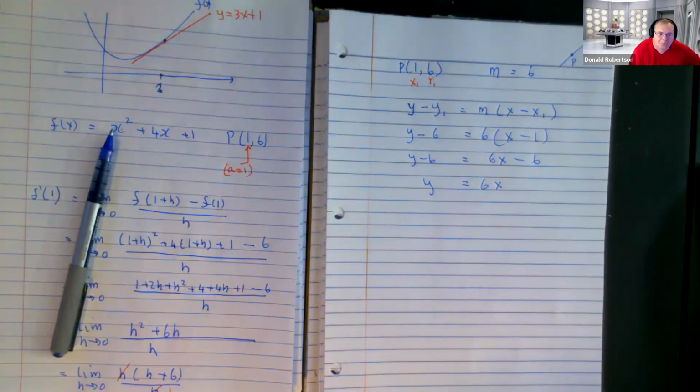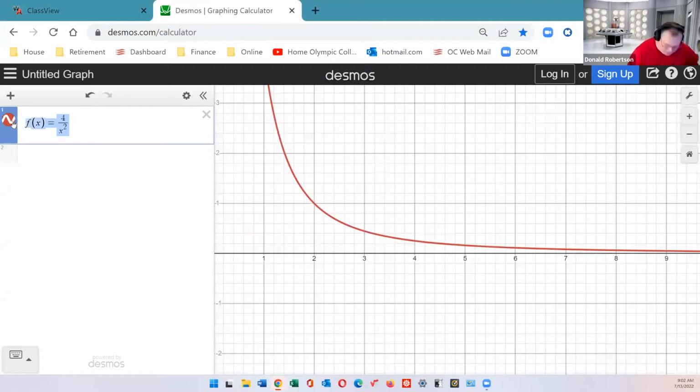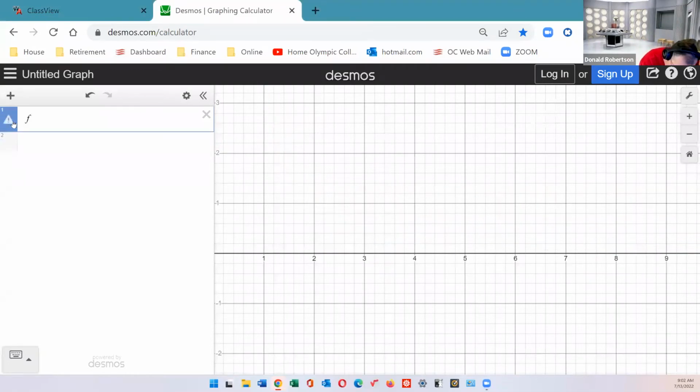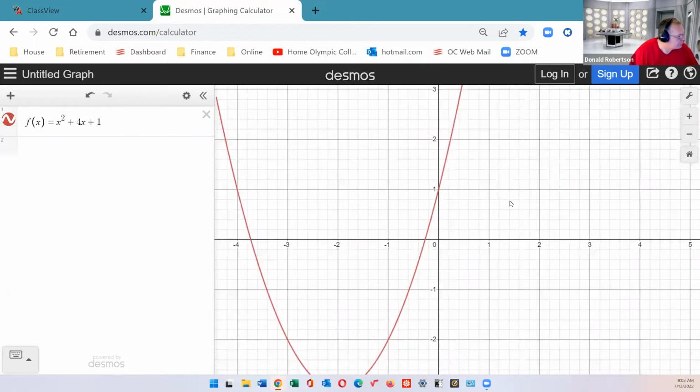Well, let's zoom over to Desmos and check that that's the case. So our function f of x was equal to x squared plus 4x add 1. And I'll move this around and shrink it back.